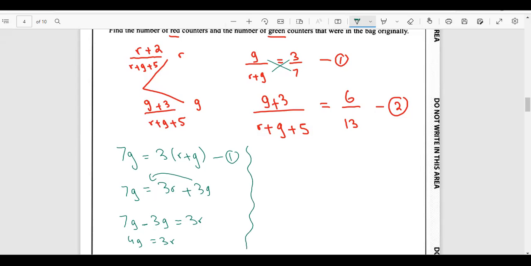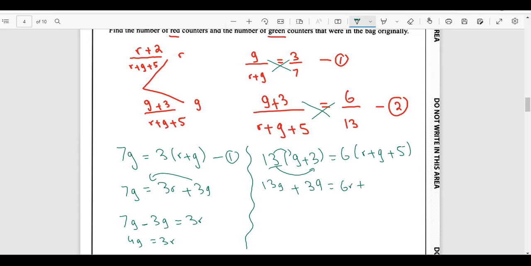So this is the simplified version of the first equation. Let's talk about the second one. Again, I can cross multiply. So 13 into G plus 3 equals 6 into R plus G plus 5. And now 13 into G would give me 13G. 13 into 3 would give me 39 equals 6R plus 6G plus 30.